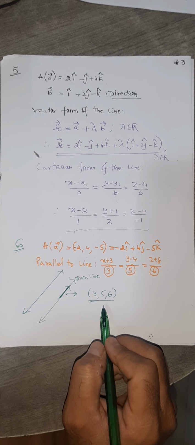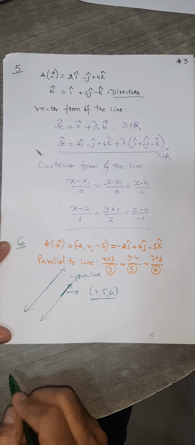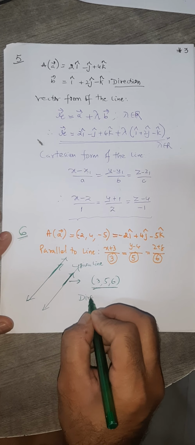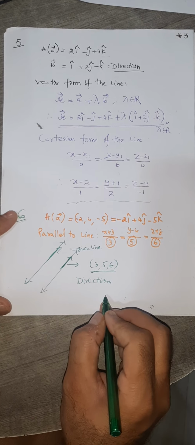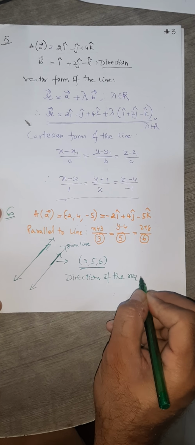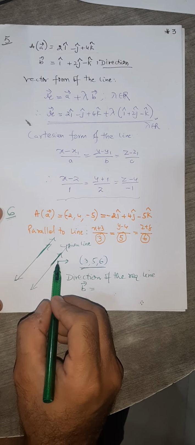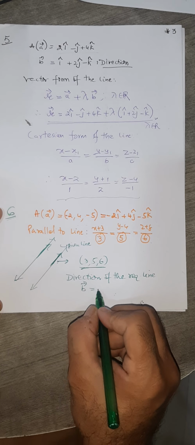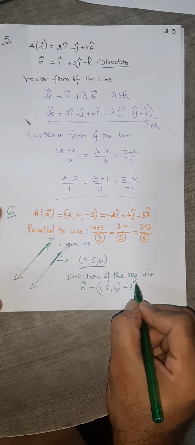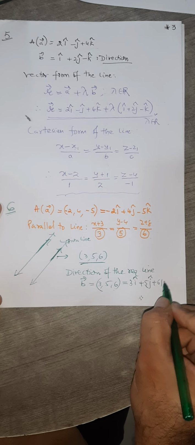So being parallel, the same vector represents the direction of the required line. I'll write here the direction of the required line, let me call that vector B, which is the same as the direction of the given line, which is 3, 5, 6, and which I can rewrite as 3i cap plus 5j cap plus 6k cap.